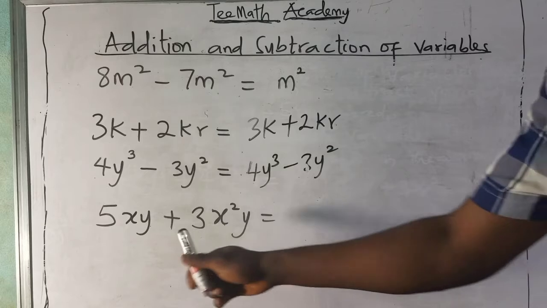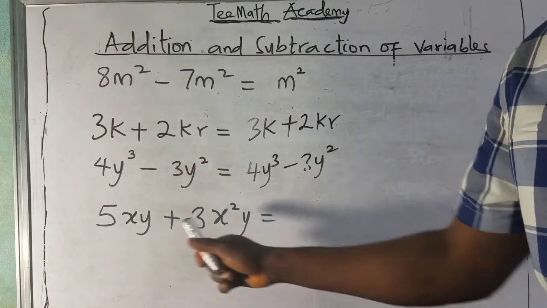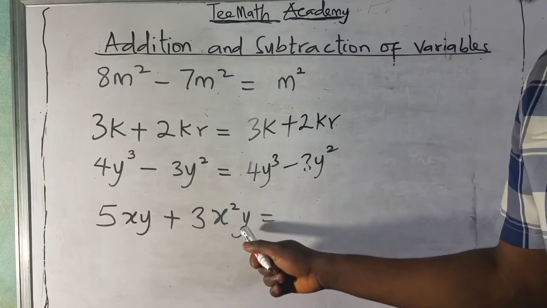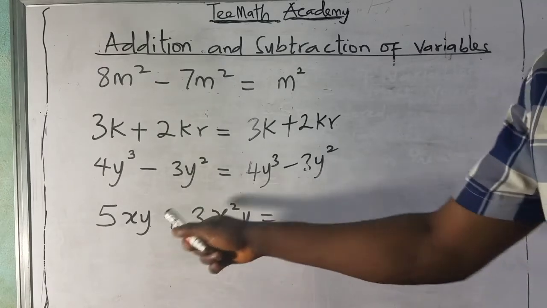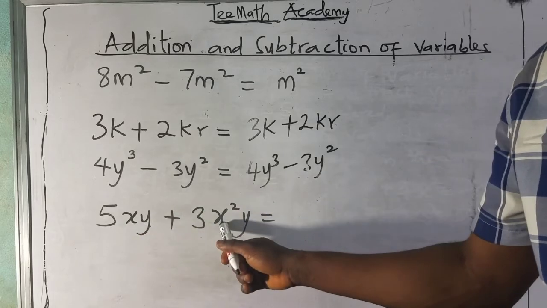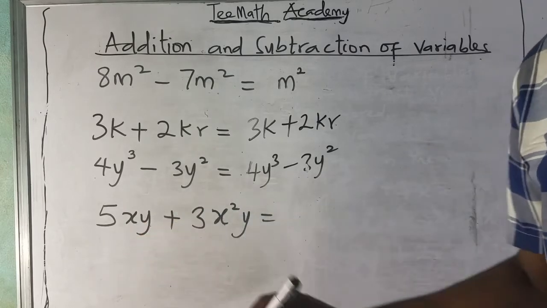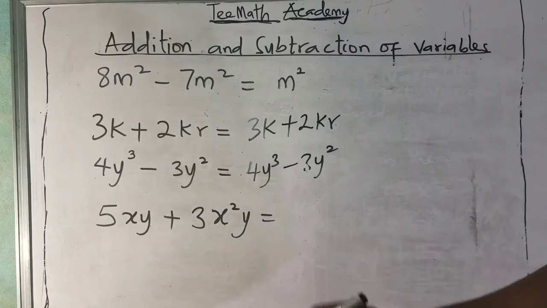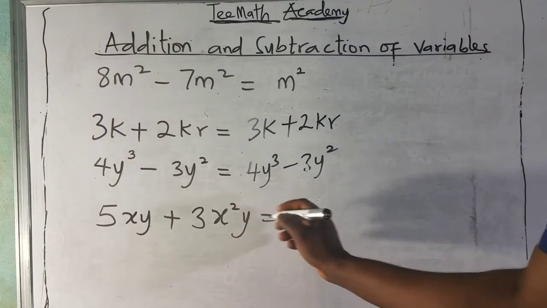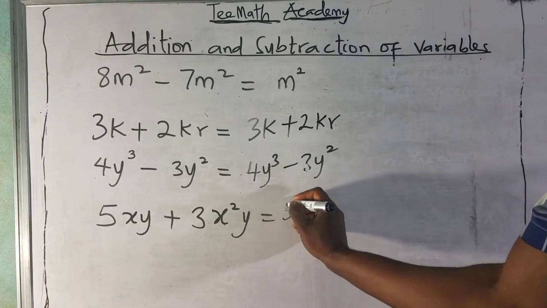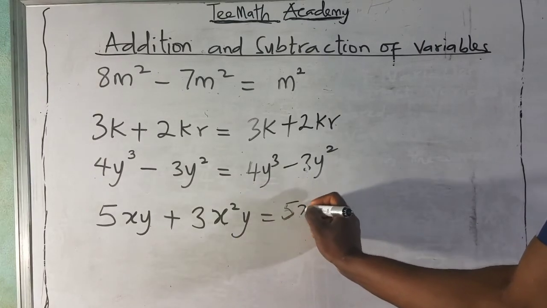Is that understood? This one must be the same as this one. If they have the same variable, the powers too must be equal. Look at this one. They have the same variable, but their powers are not the same. So that must correspond to each other. That's why there is nothing we can do there. This one has scattered it. Therefore, we write it back.